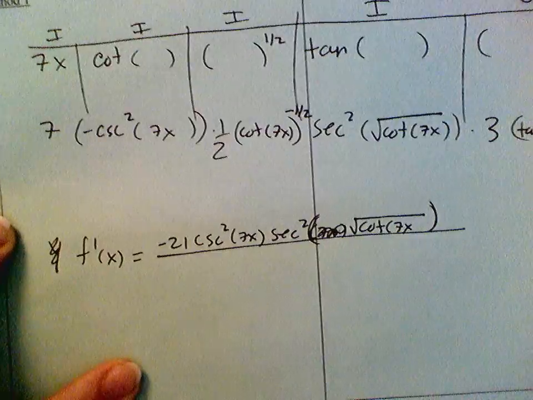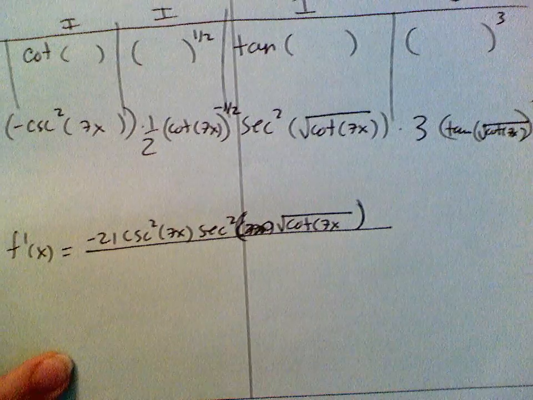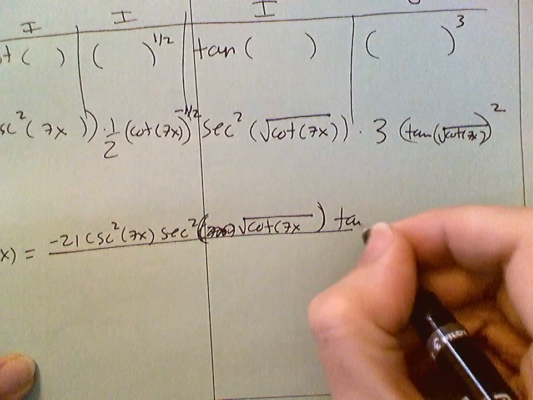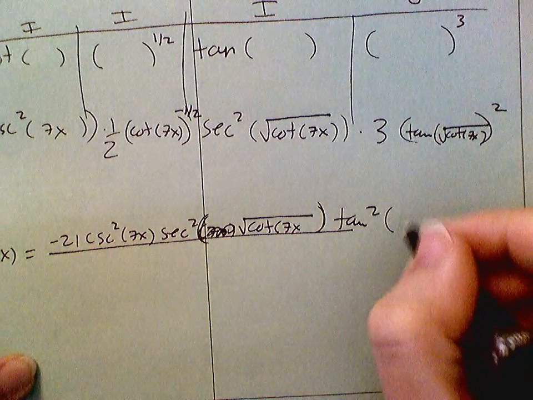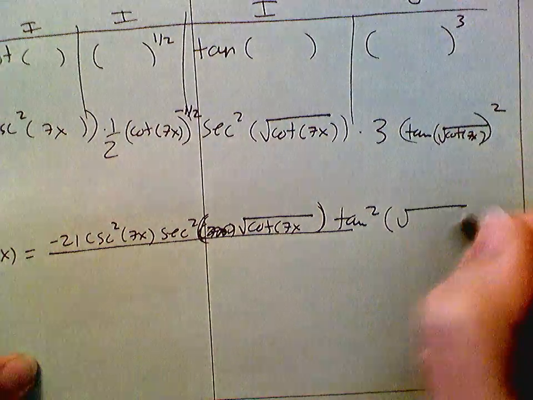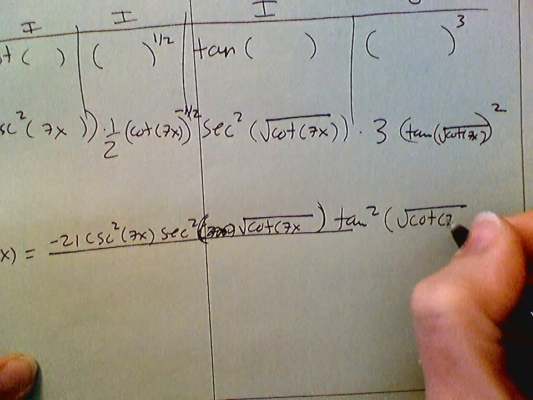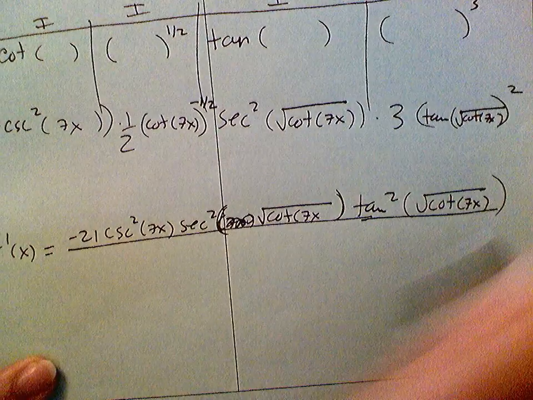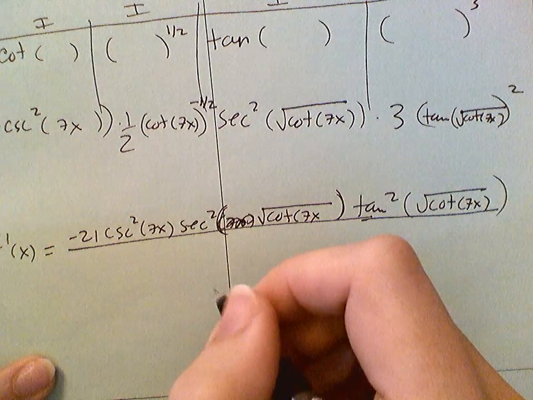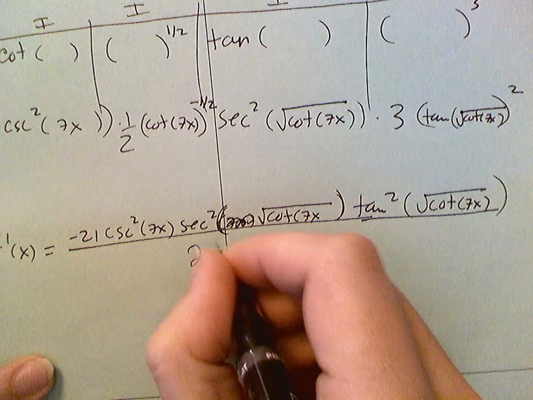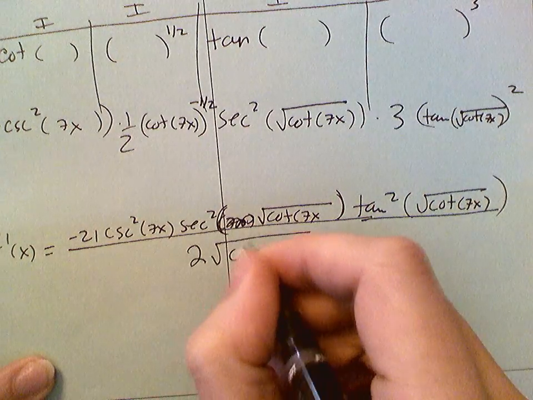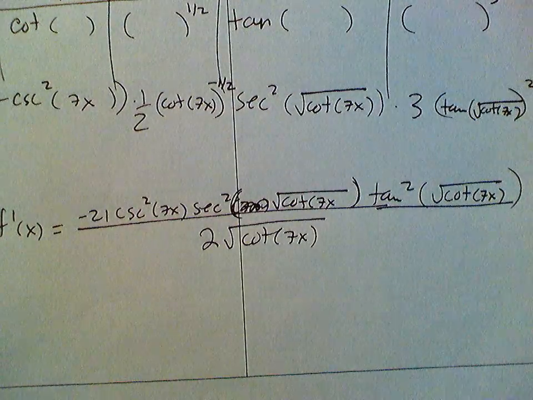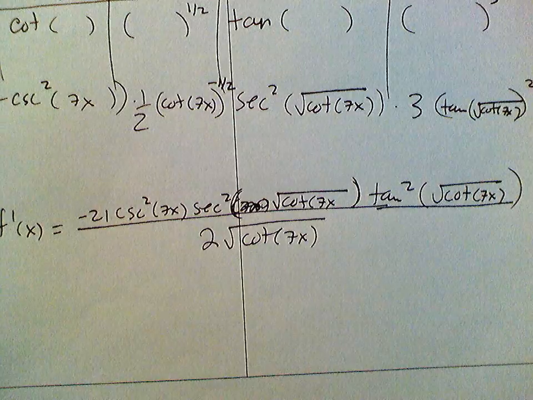And tangent squared of radical cotangent 7x. Okay, the whole thing over 2 radical cotangent 7x. Okay, so as a last little exercise, guys, before your homework, just make sure you understand how I ended up with that.